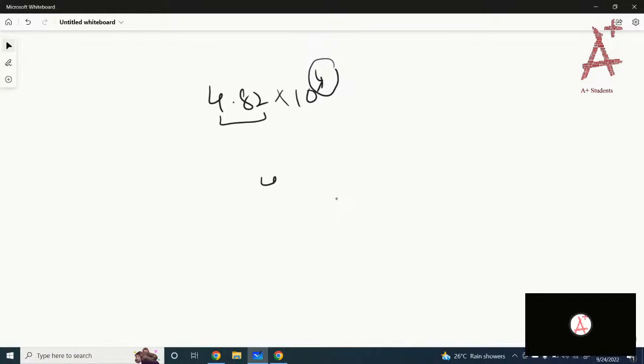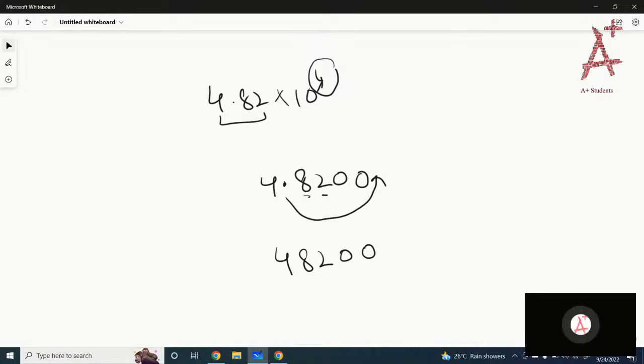So you have to move 4 places right. You have only 2 decimal places. To make 4 places, you have to add 2 extra zeros. Just move that decimal point from here to here. It would be 48200. Got it? Select the correct option and click on the OK button. The second option is the correct one.